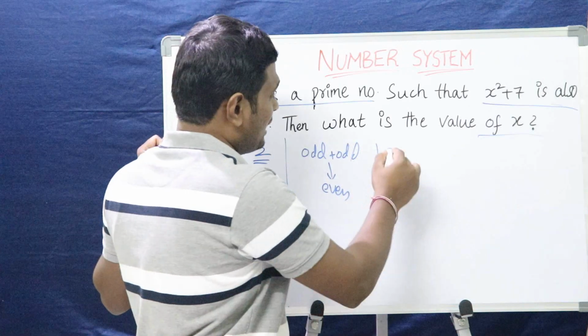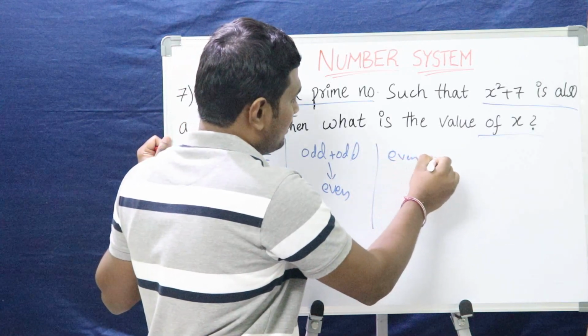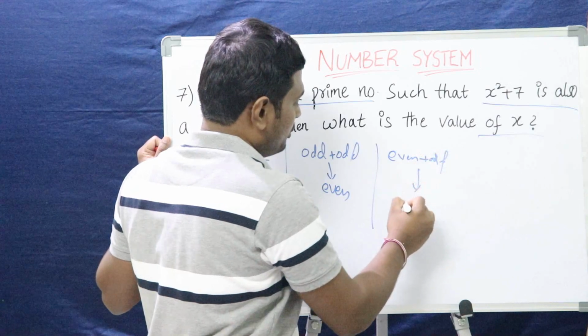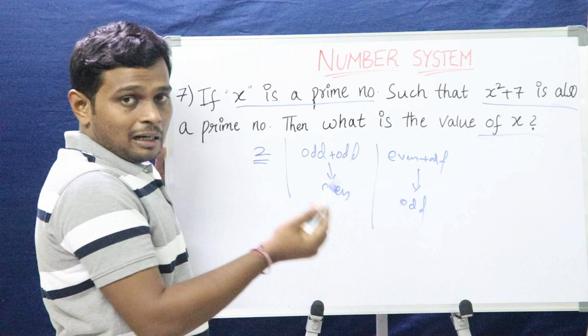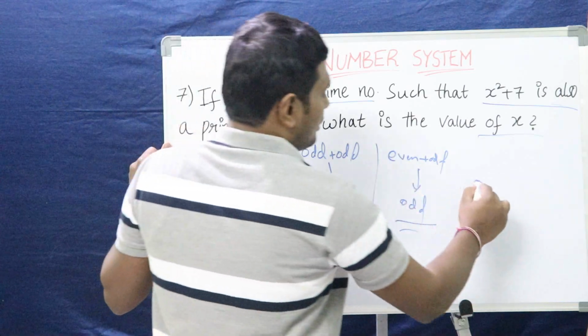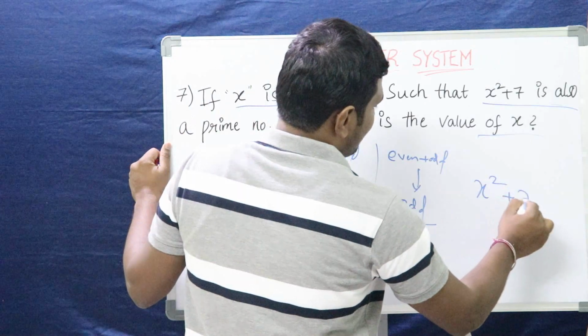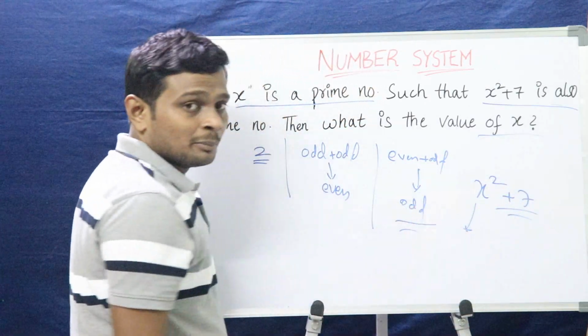If we add even with odd, the result would be odd. Apart from 2, all the prime numbers are odd numbers, right? If we take x square plus 7, let's assume x is an odd number. What will we get?